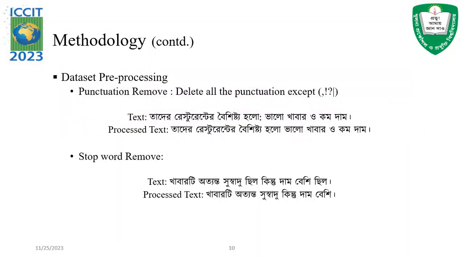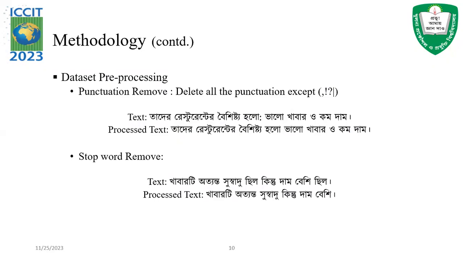Dataset pre-processing. Punctuation removal. We deleted all the punctuation except some. Here colon is an unwanted punctuation, so we removed the punctuation from the text. Stop word removal. We maintained a list of stop words.